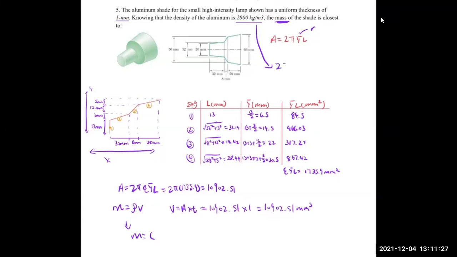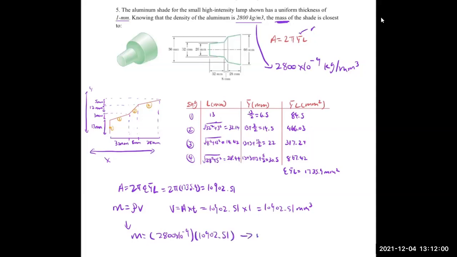So it'll be equal to 2,800 times 10 to the negative 9 kilogram per millimeter cube, multiplied by the volume.